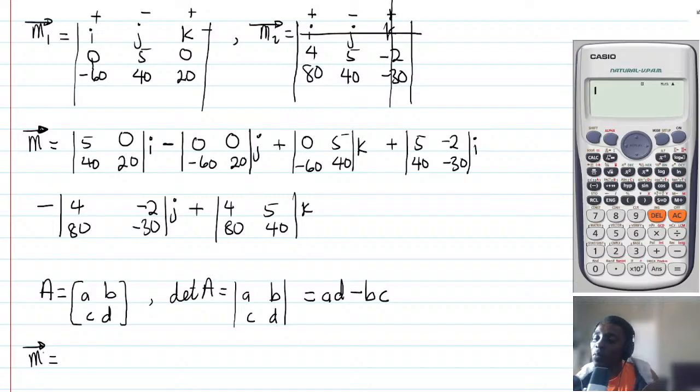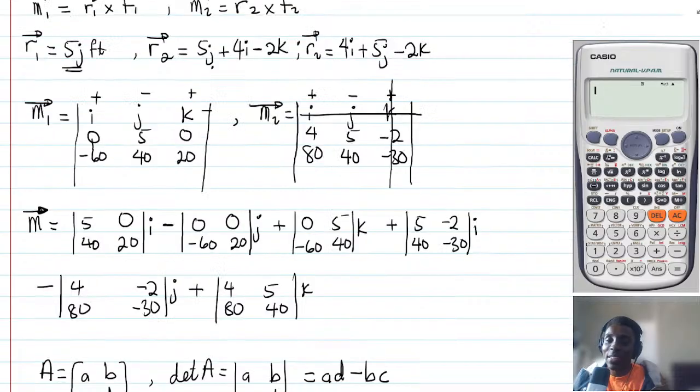Okay. Please, what is the answer? You will get a component in I, you get a component in J, and you get a component in K. So I assume that you understand it.